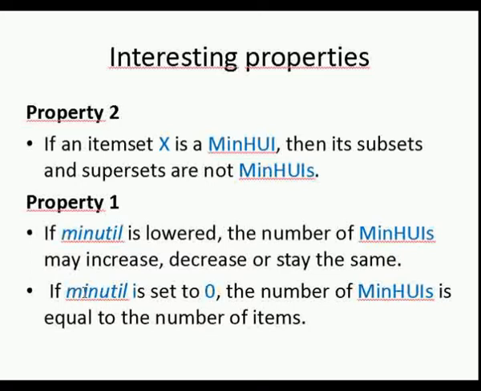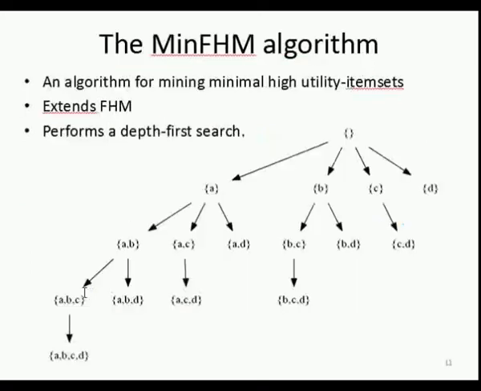Okay, let me explain a little bit about how our algorithm called MinFHM works. I will just give the main idea because there are a lot of details, but you can look at the paper if you want to know more. You can also look at the source code of MinFHM in the SPMF software.